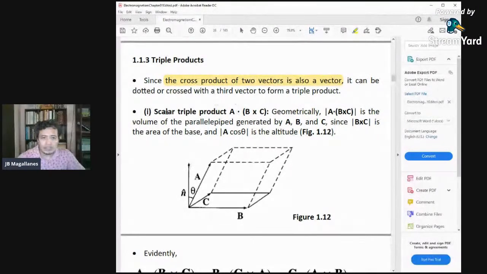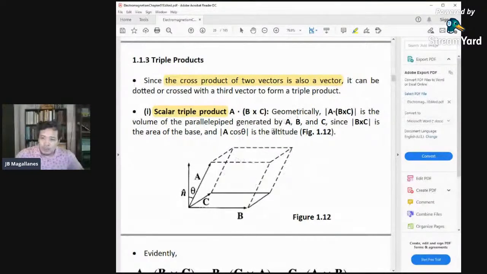So the first of the triple products is called the scalar triple product. And this is represented by the symbol A dot B cross C. Why can we do this? Because B cross C is a vector, and then you're dotting it with a vector. So that's why it's valid.